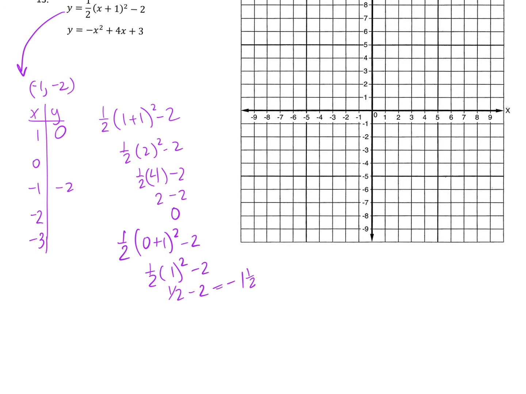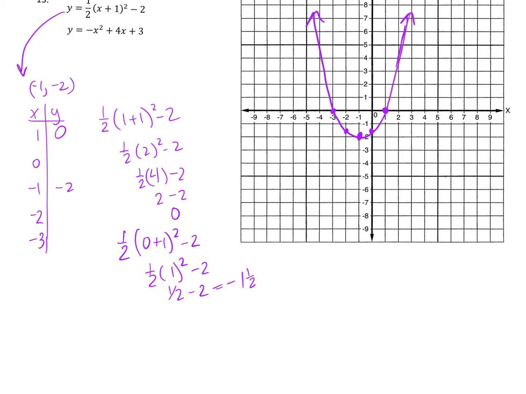So let's graph this. We have -1, -2, 0, -1.5, 1, 0. So then that's going to reflect to -2, -1.5, and -3, 0. And we're going to draw that nice and big.